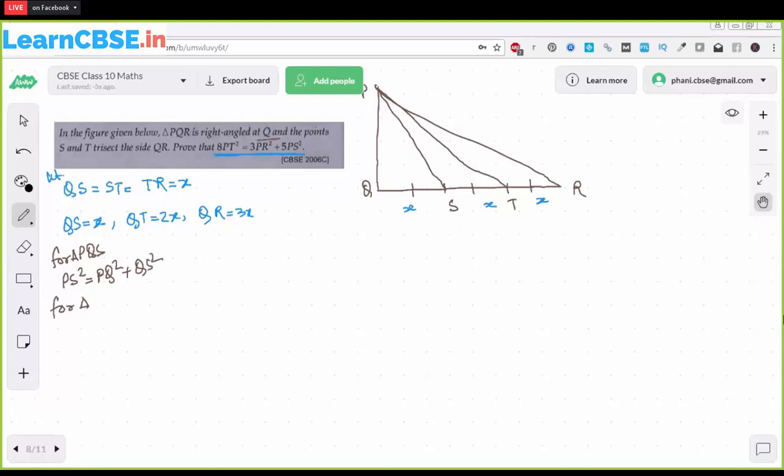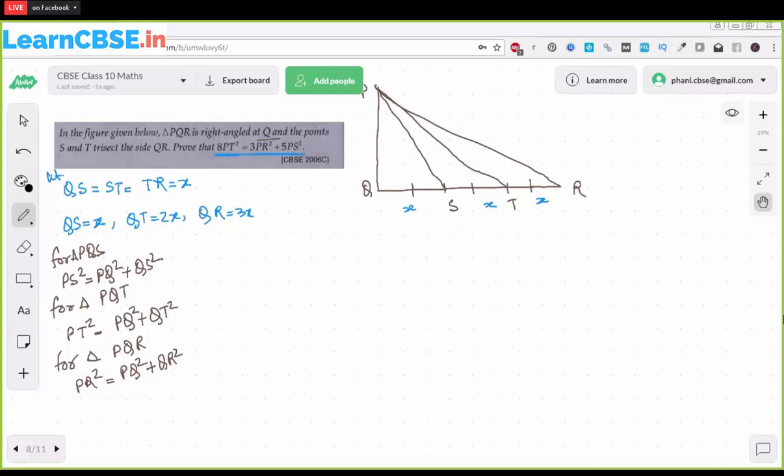For right triangle PQT, we can write PT square equals PQ square plus QT square. And for right triangle PQR, we can write PR square equals PQ square plus QR square. These are the three things we can write. Now we have to use them.